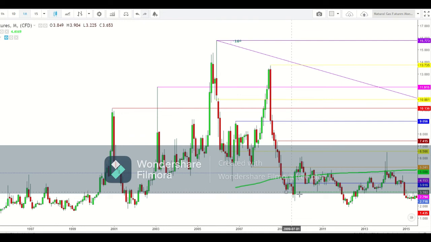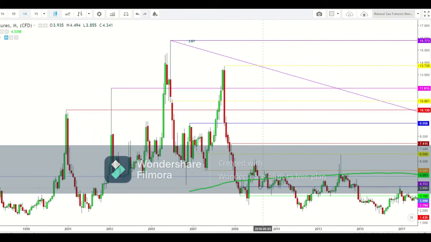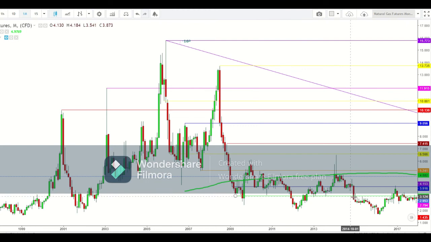Since then the natural gas futures continued to hold above the levels of 3, but during the year 2012 they traded well below the levels of 3 and tested a low at the levels of 1.8.